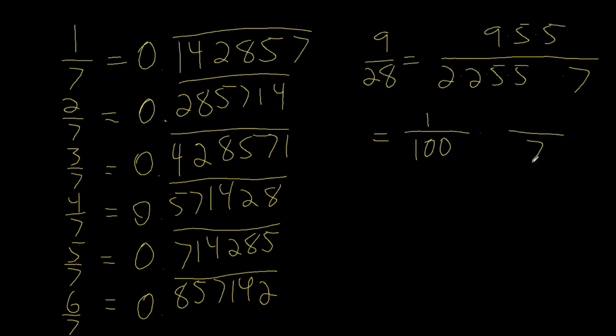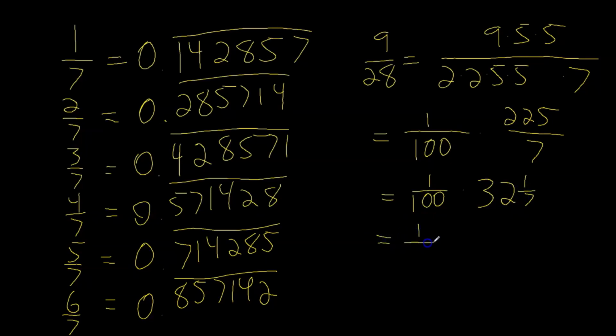Now 5 times 5 is 25, and 9 times 25, well, let's think, 9/4 would be 2 1/4, so it looks like 225. You can just count by 25s and get that. So that means we're looking at 1/100th of, now 7 into 225, well, it goes about 30 times, because 30 times 7 is 210. There's 15 left over, so that leaves 2 1/7.